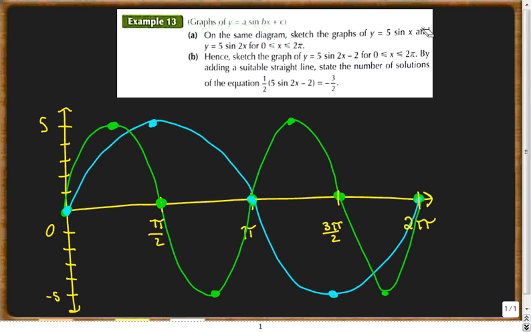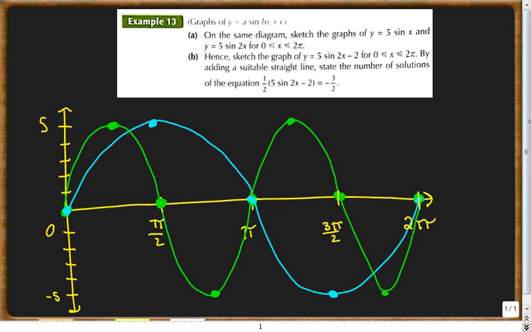So the second part of the question says, sketch the graph of y equals 5 sine of 2x minus 2 by adding a suitable straight line. State the number of solutions of the equation 1/2 times 5 sine of 2x minus 2 equals -3/2. So interesting.